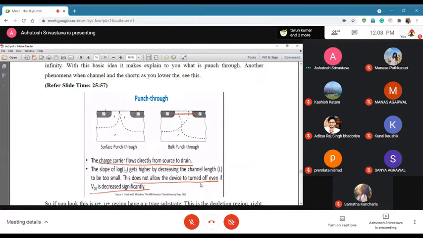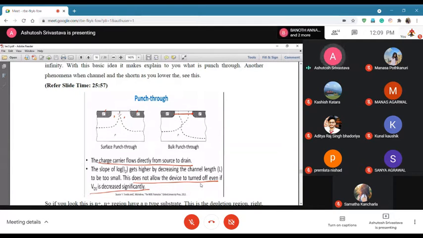This is generally referred to as surface punch through, and this is referred to as bulk punch through. So in this, the charge carriers flow directly from source to drain.